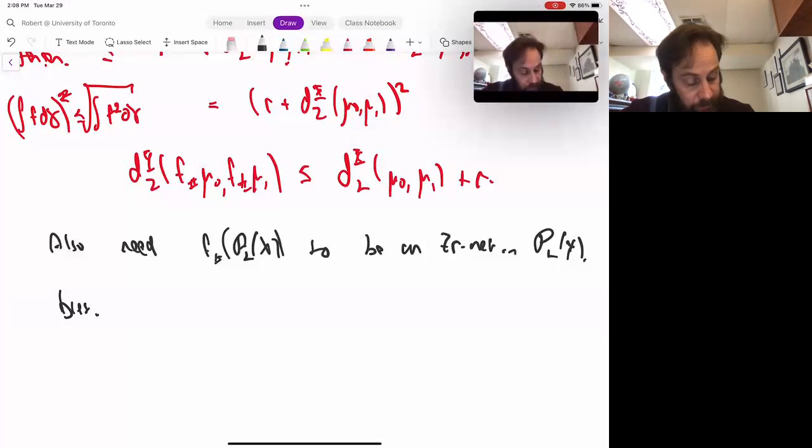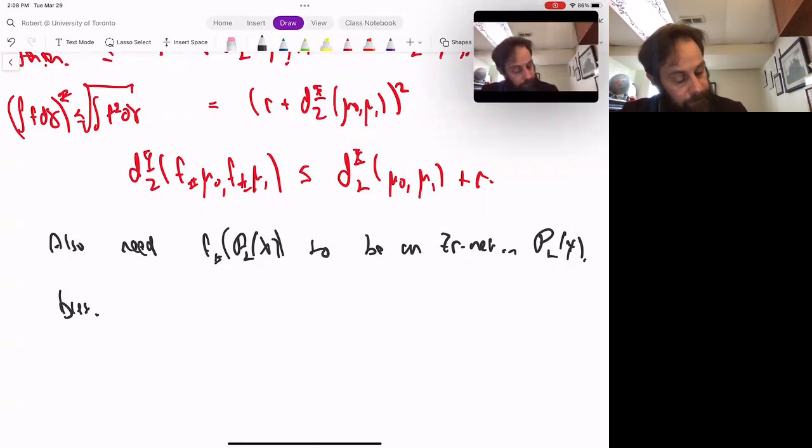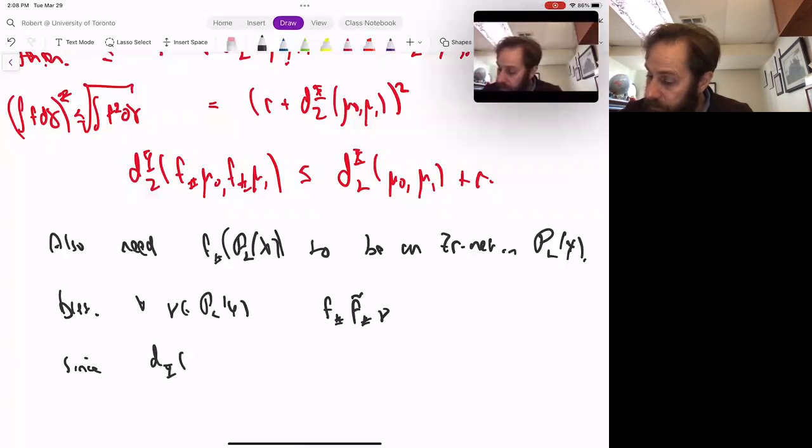So my claim is that for every nu in the probability measures on Y, I can look at F push forward of F approximate inverse push forward of nu, and since the distance in Y of F composed with F tilde of y is less than, I can't remember, was R or 2R.